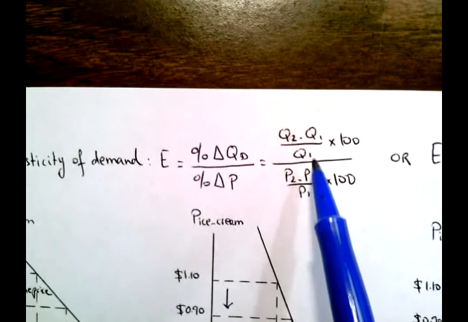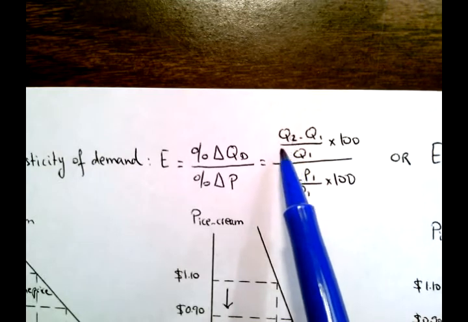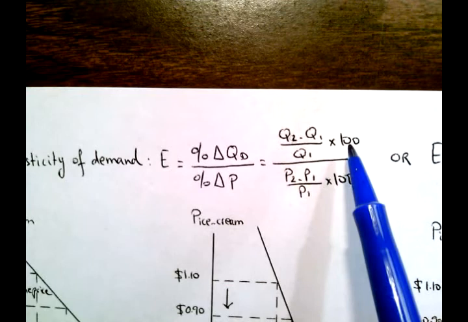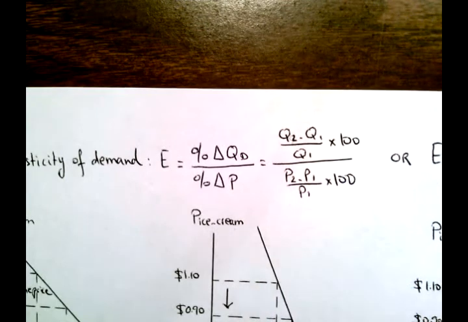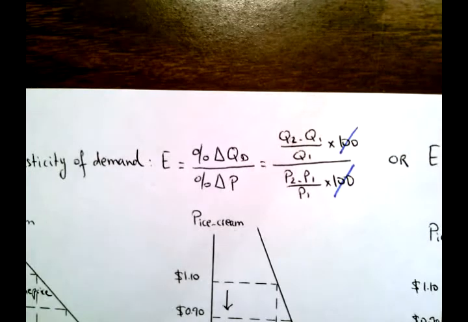We do the same for quantity demanded, so we take the new quantity demanded after the change in price minus the old quantity demanded Q1 divided by Q1 times 100. Know that you can simplify this ratio by doing this. That's one way to calculate the elasticity of demand.